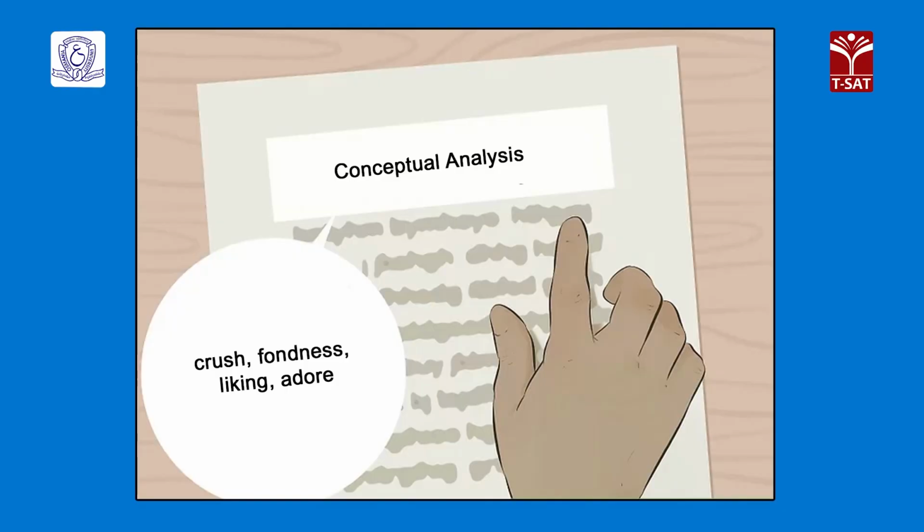While doing conceptual content analysis, a concept is chosen for examination and the study implicates quantifying and tallying its presence. For example, say that you have the impression that your favorite author often writes about love. So, with conceptual analysis, you can quickly determine how many times words such as crush, fondness, liking, adore appear in the text.